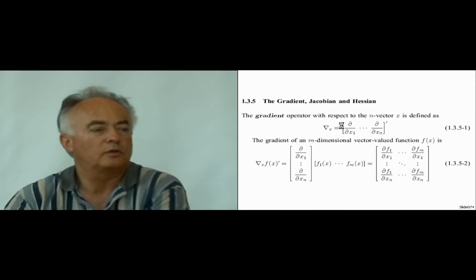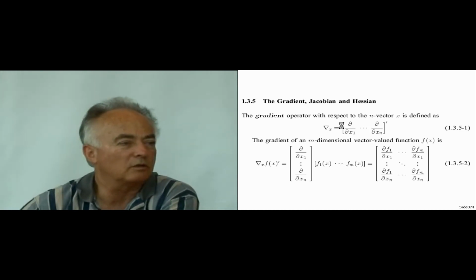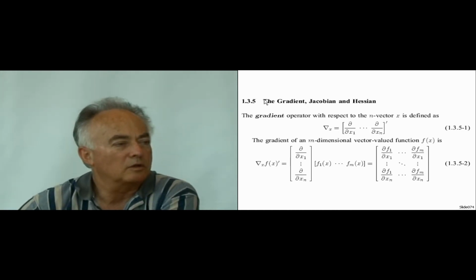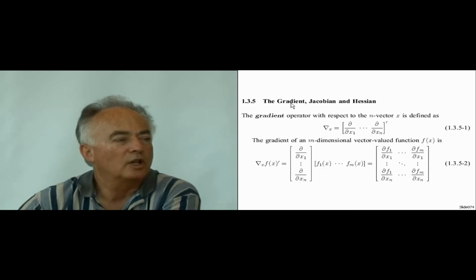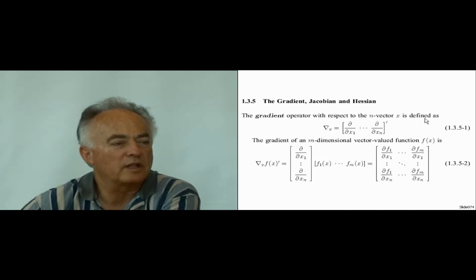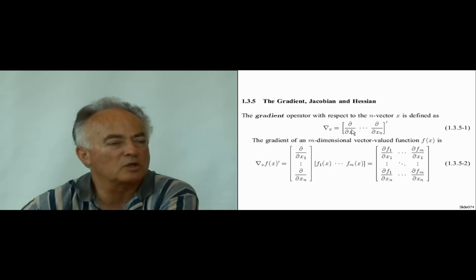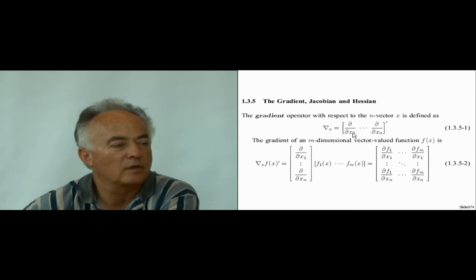A number of other concepts will be needed, namely the gradient is the first one. The gradient operator with respect to an n vector x is defined as a column vector. You see, this is put in row form, but there is a transposition. This is an operator. Each component of it is a partial derivative with respect to one of the elements of the vector x.